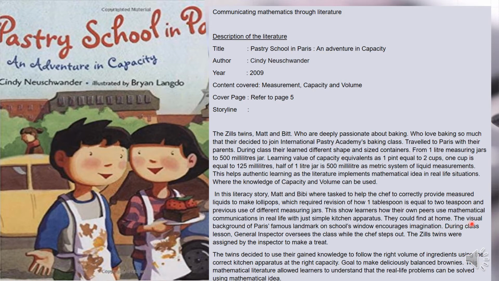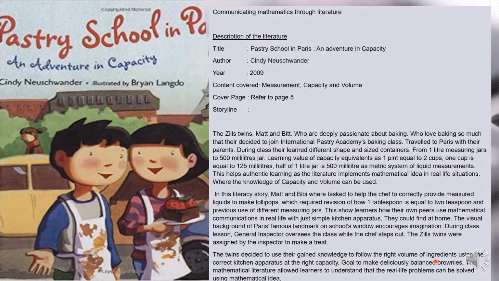This could be found at home, and the visual backgrounds of Paris' famous landmarks on the school windows encourage imagination. During the lesson the general inspector oversees the class while the chef steps out. The zealous twins were assigned by the inspector to make a treat, and the twins decided to use their gained knowledge to follow the right volumes of ingredients, using the correct kitchen apparatus at the right capacity.